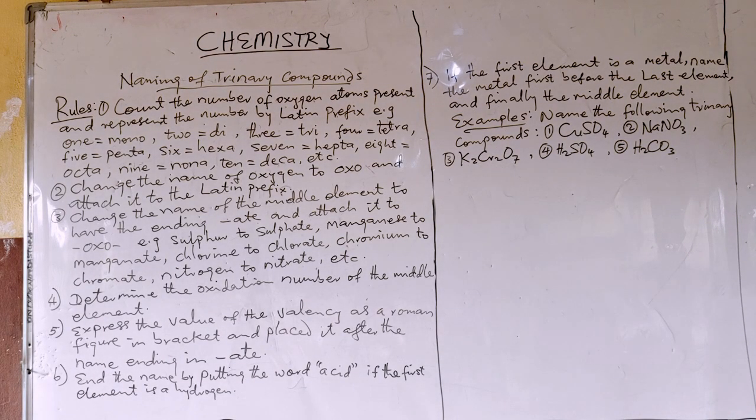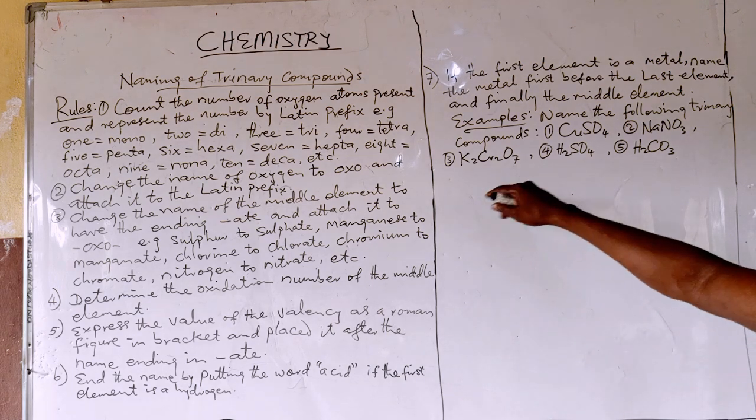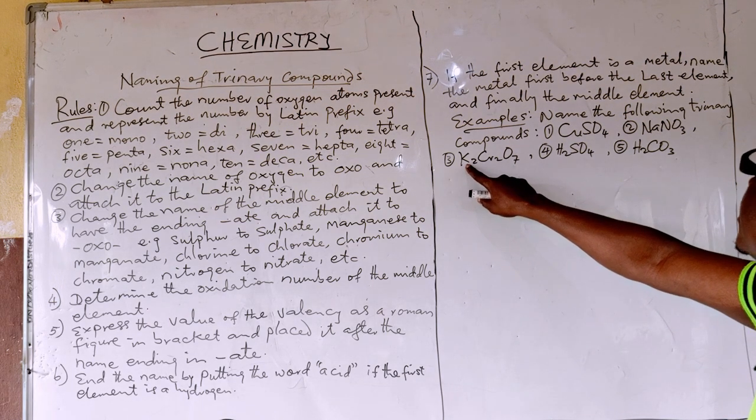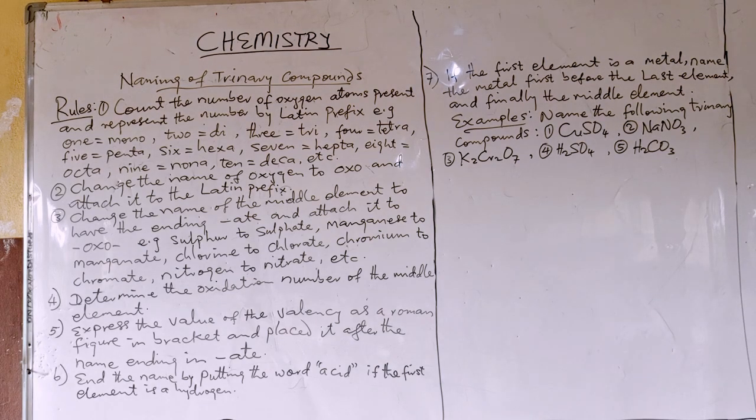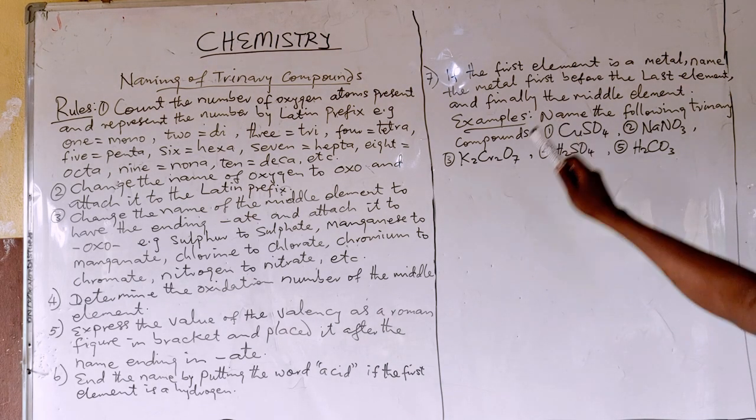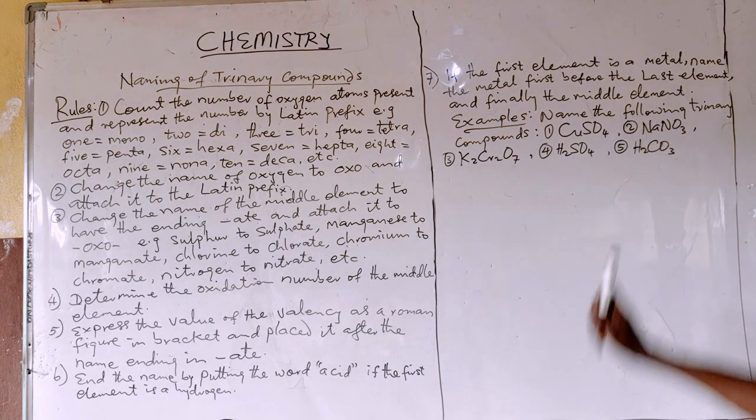Rule number 7, if the first element is a metal, name the metal first before the last element, and finally the middle element. So in this case, the first element is a metal, this one is a metal, this one is a metal.